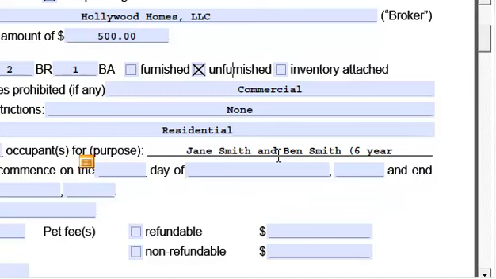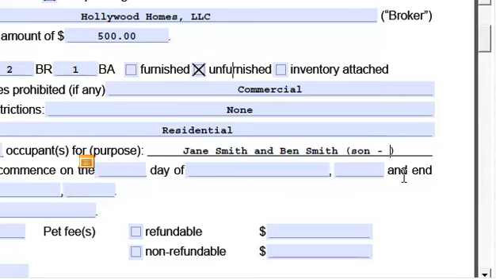The reason I do this is because anyone over 18 will have to go on the application, and if you put Jane Smith and Ben Smith, they're going to come back to you. They're going to call you: who's Ben Smith? I just make sure I put either 6-year-old, or you would put something like child, son, something that they understand.